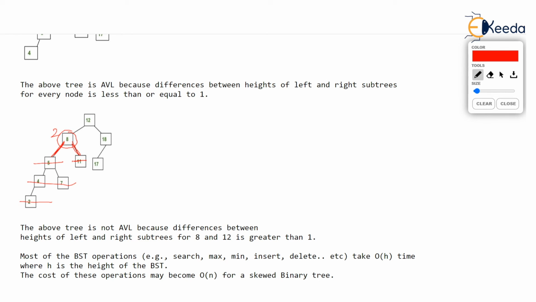But if you really want to continue, you can say 12 is also not balanced. And obvious, it will be. 12 is not balanced. Because if you see left height of 12 now is 1, 2, 3, 4. And right height of 12 is 2. 4 minus 2, difference is 2, which is not allowed. So 12 is also not balanced. Hence, the above tree is not balanced because difference between left subtree and right subtree of 8 and 12 is greater than 1.